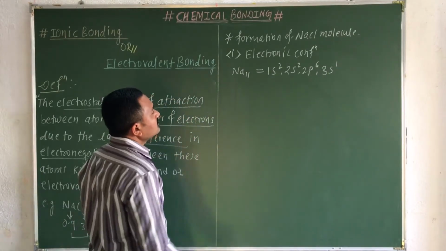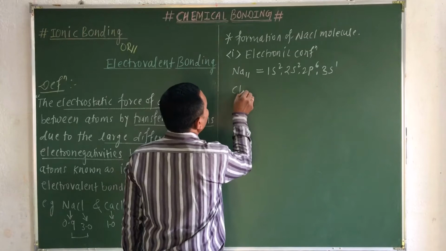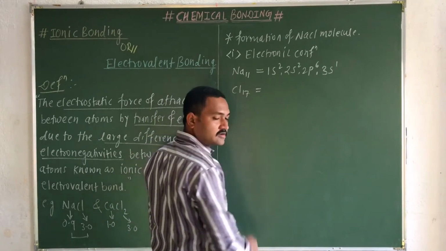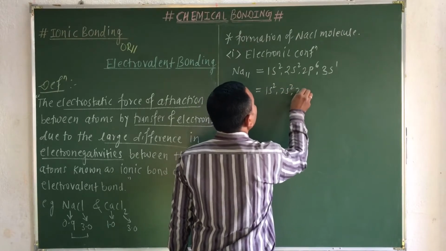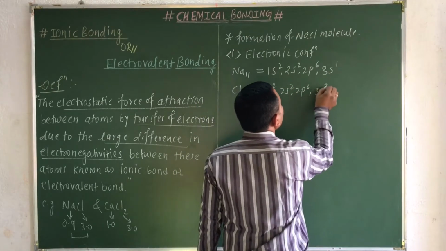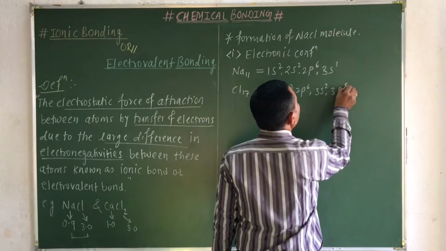Chlorine has atomic number 17, its electronic configuration will be 1s2, 2s2, 2p6, 3s2, 3p5.